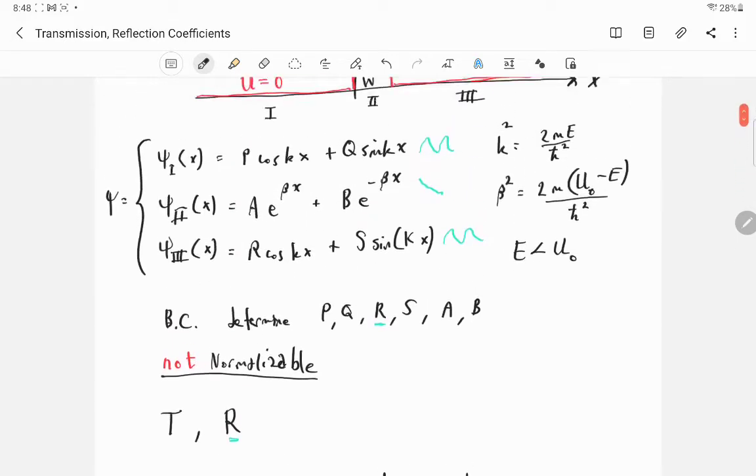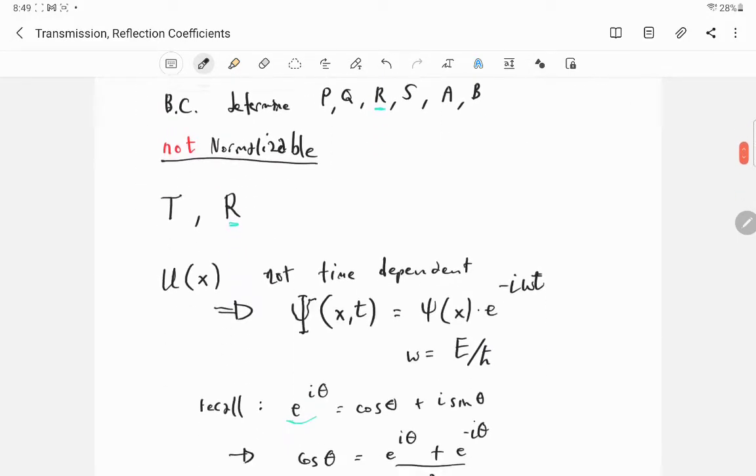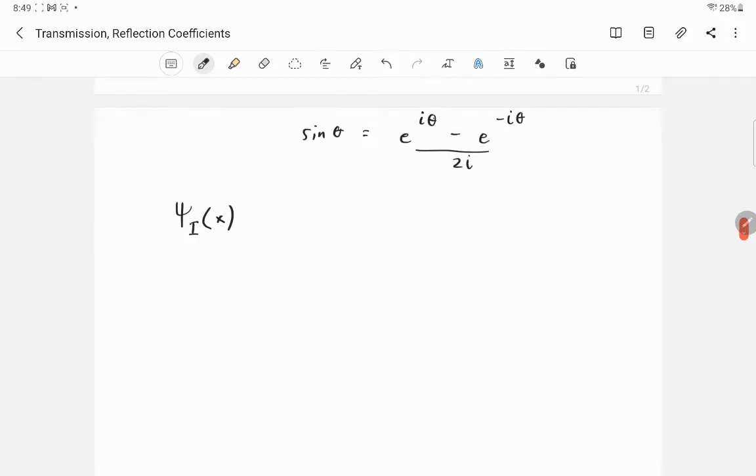So I was using coefficients p and q, but if I rewrite the wave equation, it's actually not going to give me the same coefficients. So I'm going to call them p prime and q prime, and it's going to go p prime e to the I kx, instead of cosine of kx, plus a different coefficient times e to the minus I kx, like this.